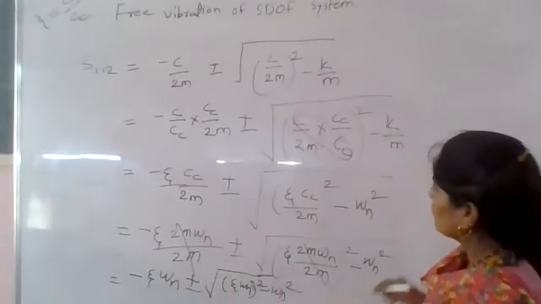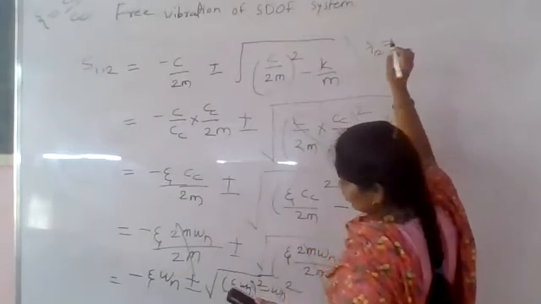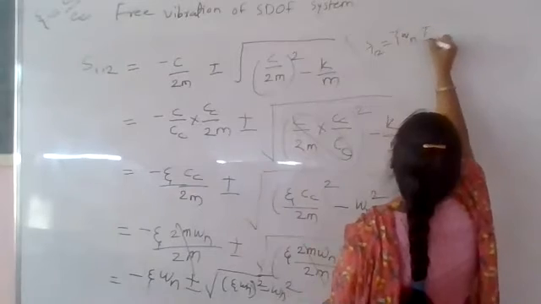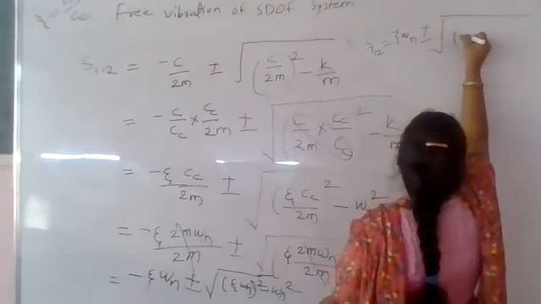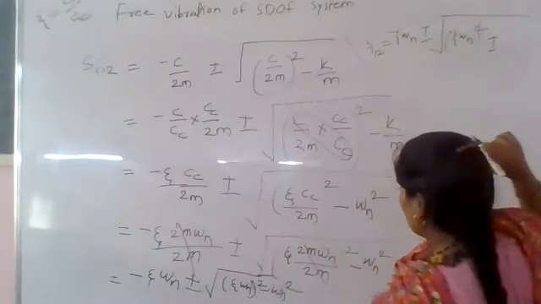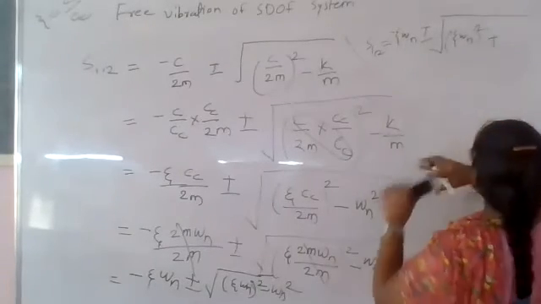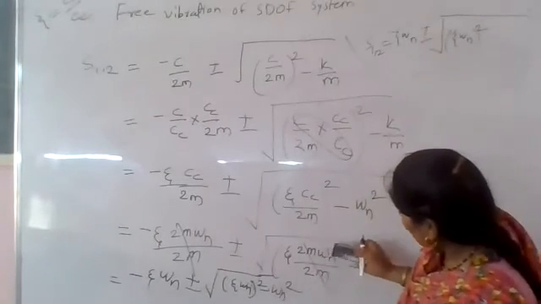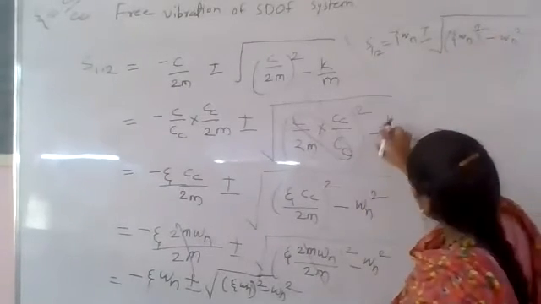So below this write down S12 equal to, what is remaining? Minus zeta omega n plus or minus root of which terminology is here? Zeta into omega n bracket square, whatever the remaining term, that is plus or minus for S12, and zeta into omega n bracket square minus omega n square for this K by m.